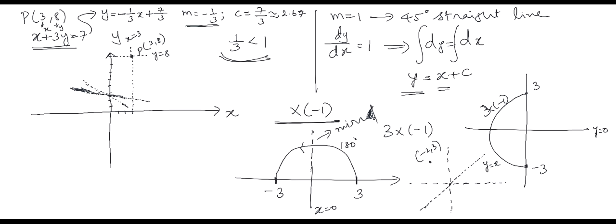Okay. So if this is reflected by this y equal to x line, what will happen? It will get reflected to the fourth quadrant, so it will go here. So it will become 2, -3, isn't it?